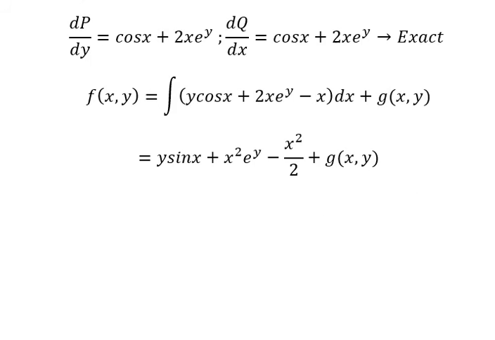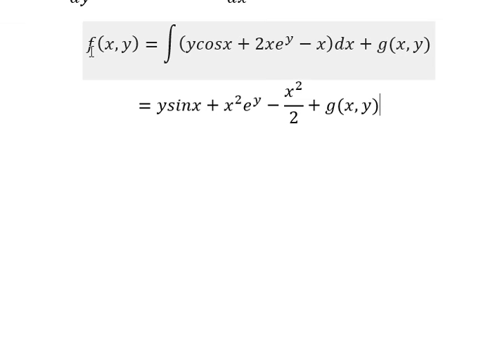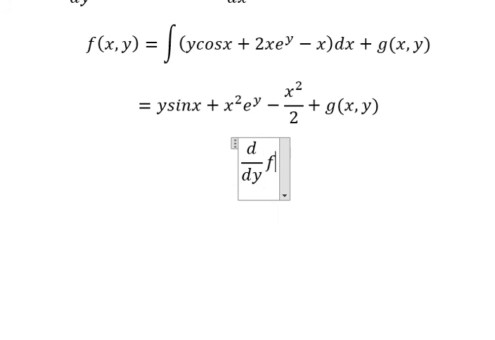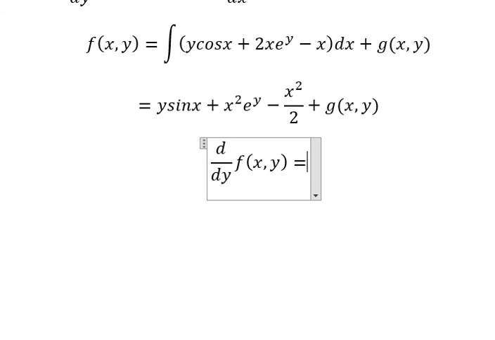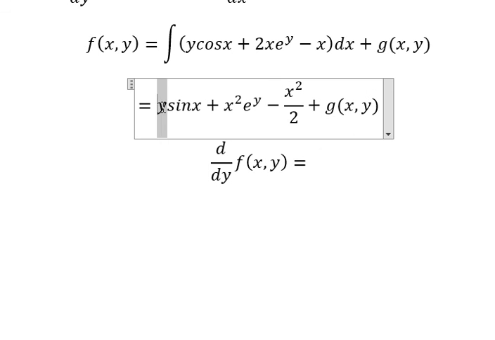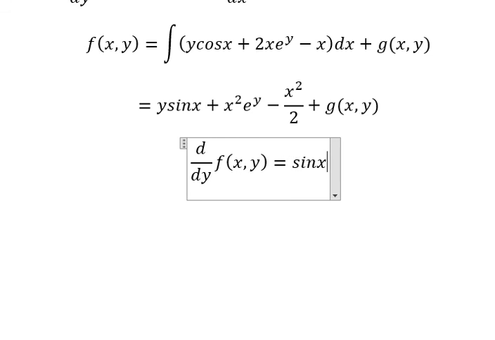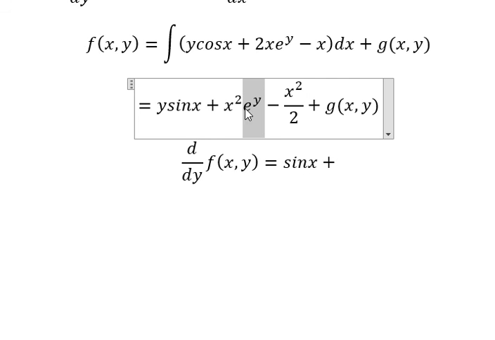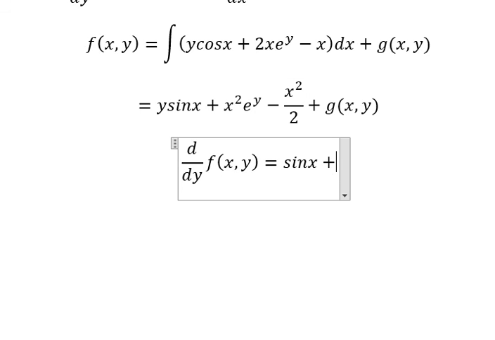Next, we need to do first the derivative of the function with respect to y for the both sides. So first the derivative of y, we have number 1, so we have sine x. First the derivative of e to the power of y, we keep the same.